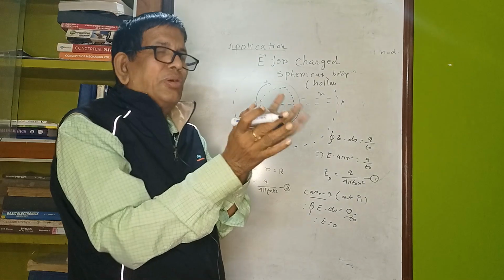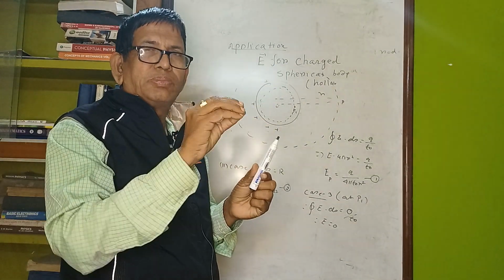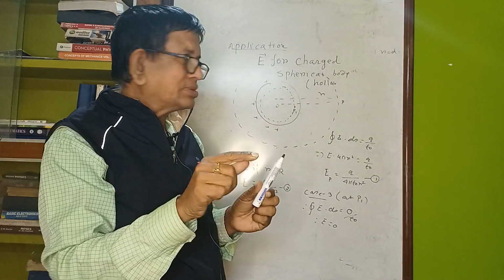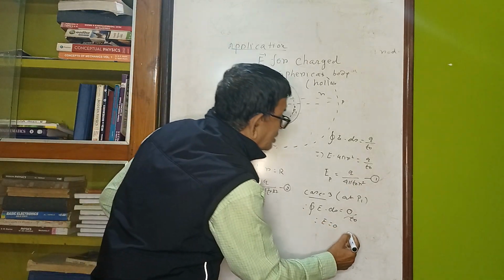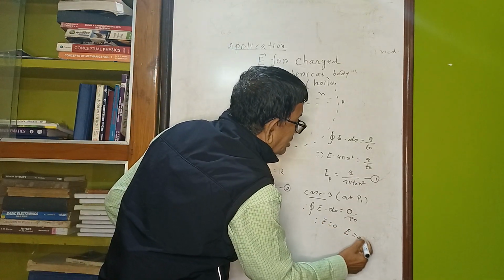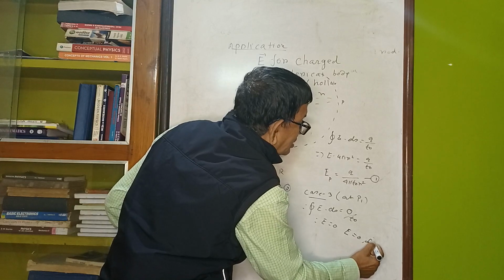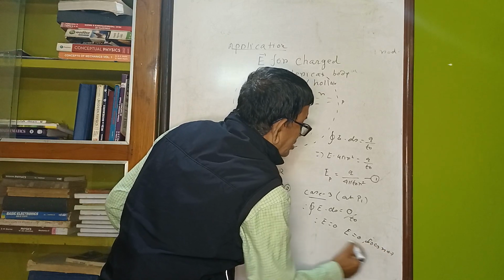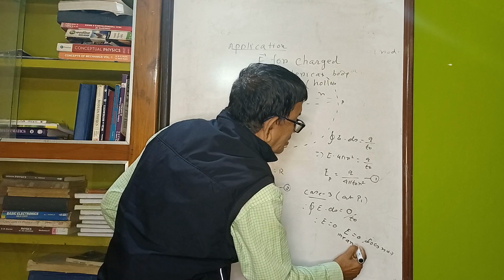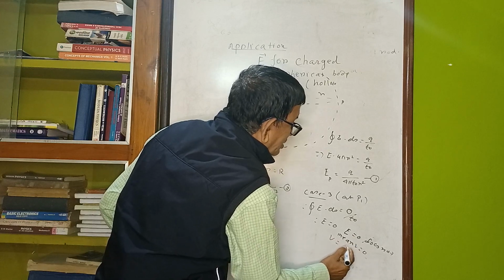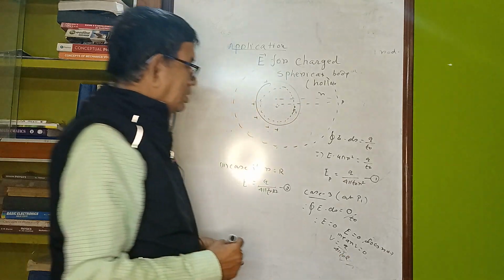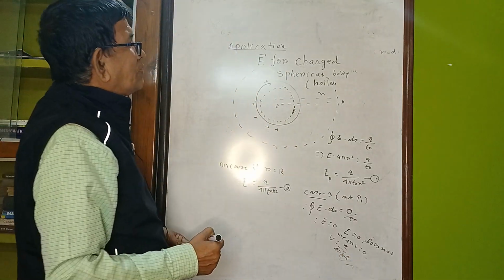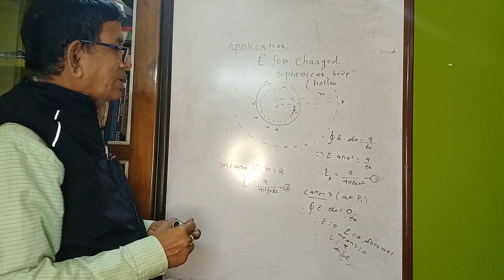That means this is the area inside the spherical shell. It is hollow, so inside the electric field is 0, meaning no lines of force pass through this, and E equal to 0. But one thing to remember: E equal to 0 does not mean V equal to 0. V will be Q by 4 pi epsilon naught R. If you draw the graph, what will be the nature of the graph?